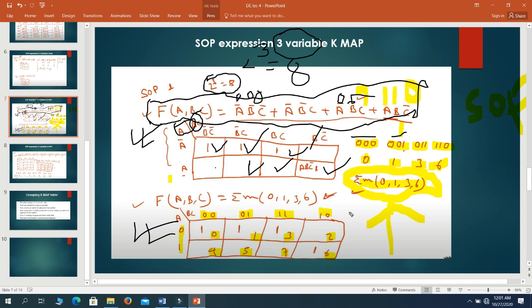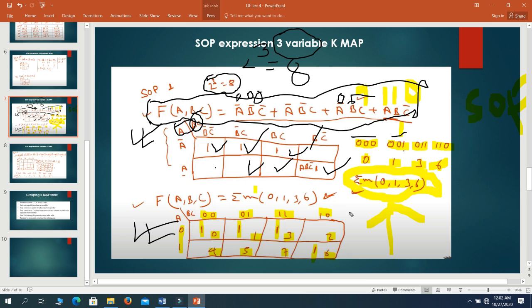So cell number 0, as you can see, is replaced with a 1. Cell number 1 is filled up with another 1. Then cell number 3 is filled up with a 1. Then cell number 6, where is cell number 6? This one. Cell number 6 is replaced with another 1.